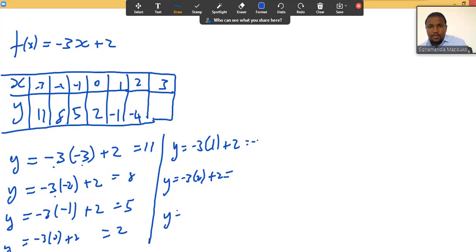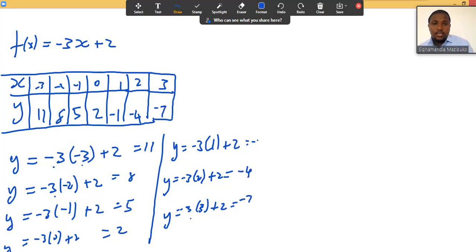Let's look at x is equal to 3: minus 3 times 3 plus 2 is minus 9 plus 2, so it should give you minus 7. It just gives you a pattern.